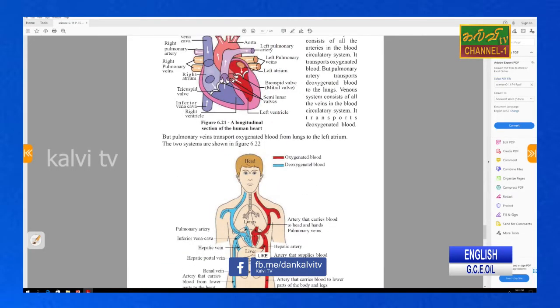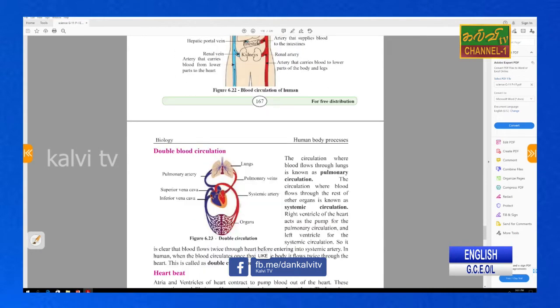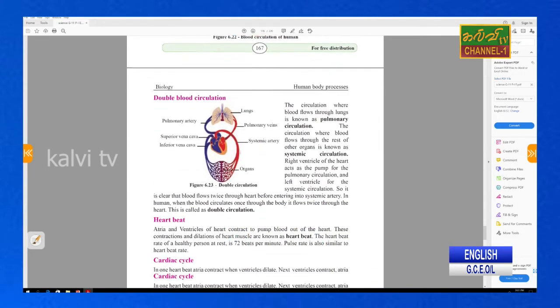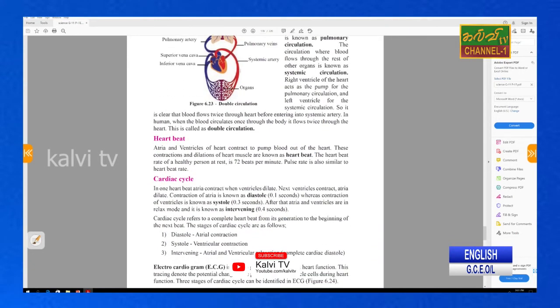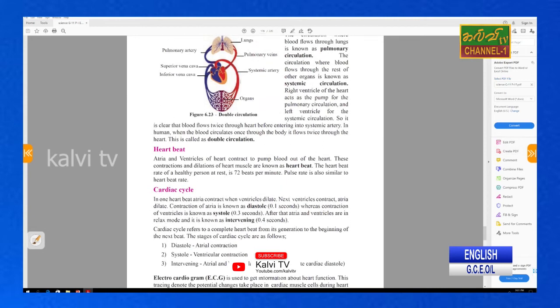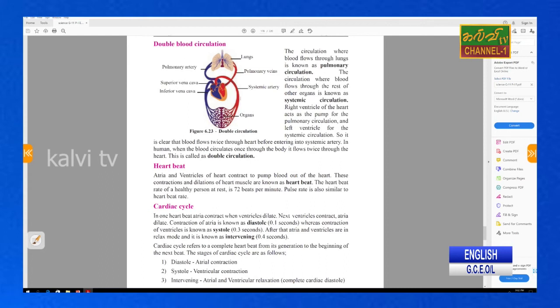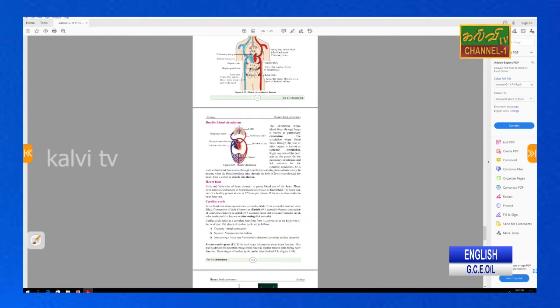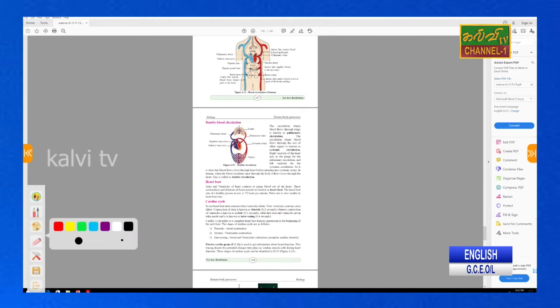The next one, see here on the screen, they have mentioned the circulation: pulmonary circulation and double circulation. What is double circulation? Double circulation means that, I would like to draw the shape of the heart.